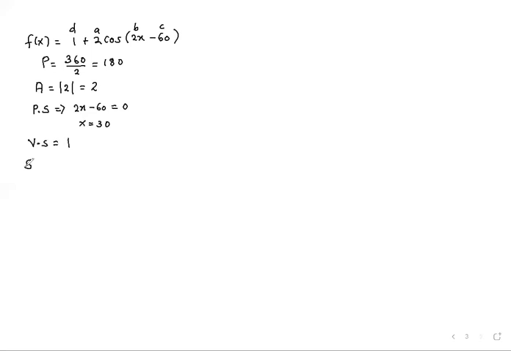We still need the scale. The scale is period over 4, which is 180 over 4, which is equal to 45. We want to sketch without the table, so we go straight to the sketch in this instance.